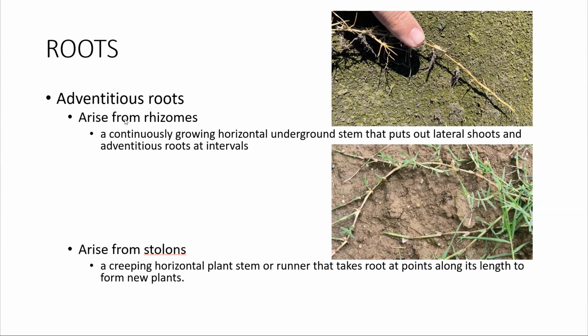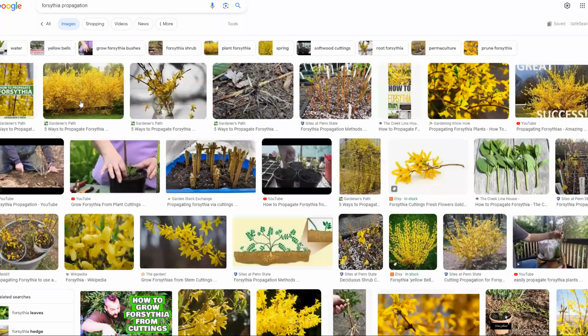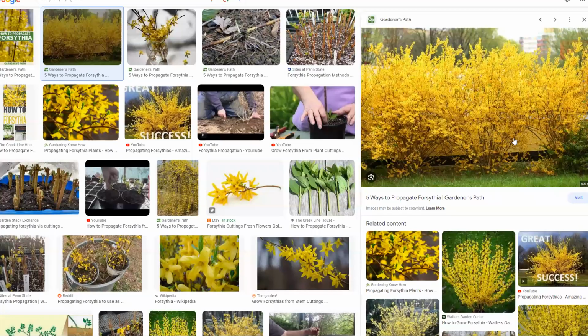So, rhizomes, stolons, and we're talking specifically about adventitious roots. And I should have put this in, but might as well throw it in now, right? So here's forsythia, border forsythia, beautiful plant. The ones that are generally used are hybrids, with gorgeous yellow flowers in the springtime, just profuse flowers, as long as they're maintained correctly. And then a very beautiful shrub other than that.